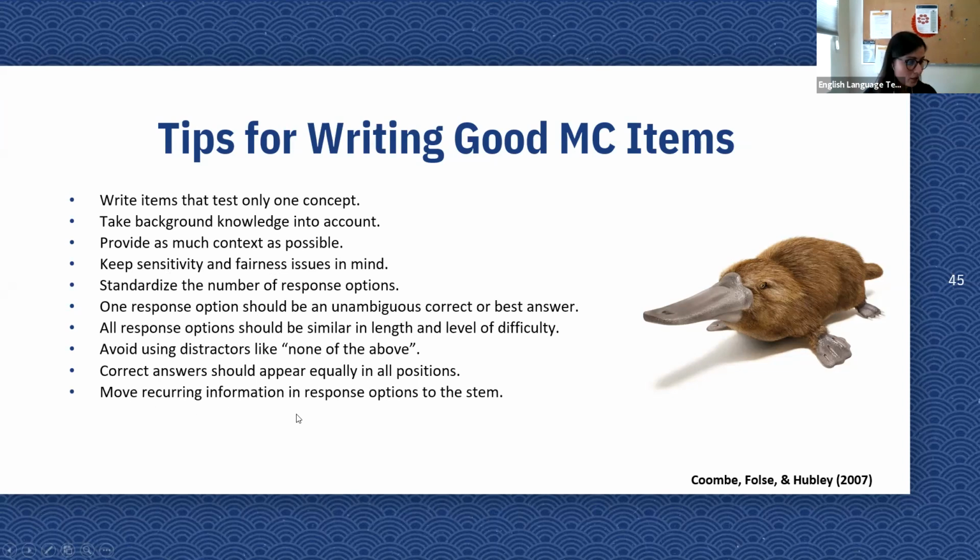Move recurring information in response options to the stem, like I did in the matching exercise. And avoid writing absurd or giveaway distractors like platypus. And avoid extraneous clues. For example, if you have a fill in the blank item, not a question, and then you have the options and you say "an," for example, you know that the next word will start with a vowel.